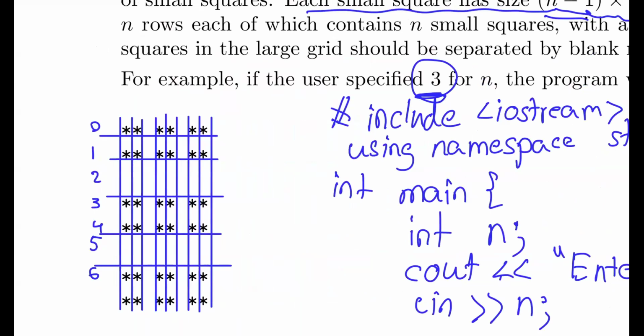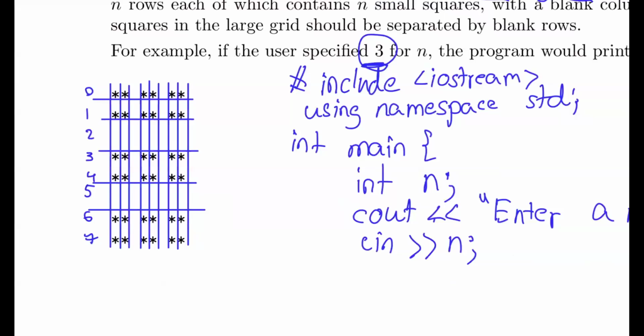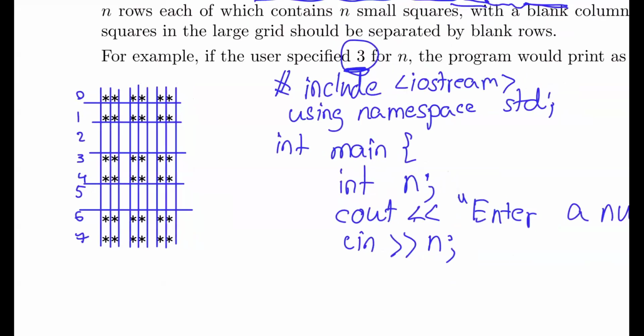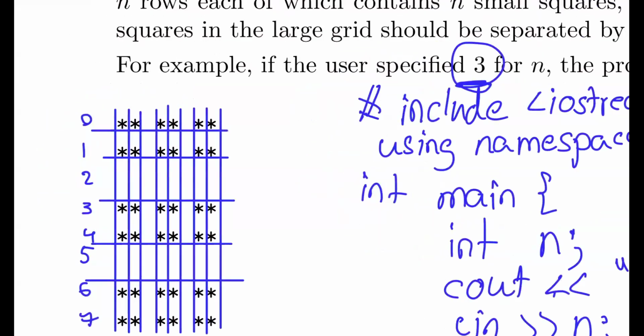Okay, 3, 4, 5, 6, 7. And then there's another space. Then in here is 0, 1, 2, 3, 4, 5, 6, 7. Okay. And then there's a space.